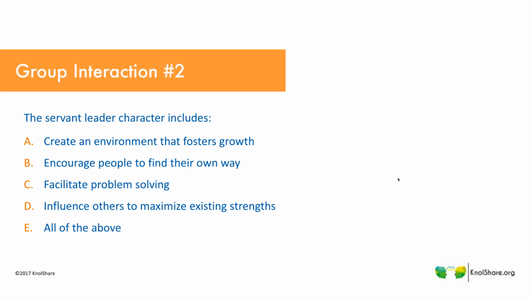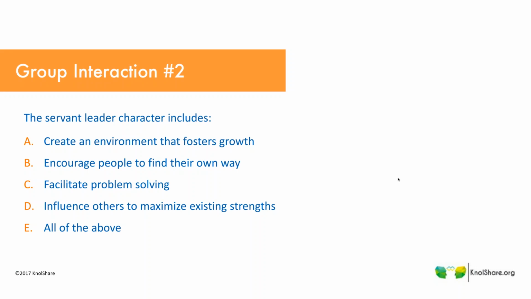So now, this is where we stop and interact again as a group. And so the question is, the servant leader character includes A, creating an environment that fosters growth. B, encourage people to find their own way. C, facilitate problem solving.